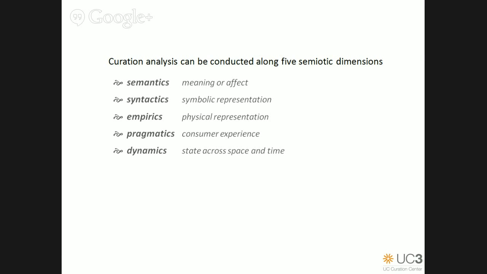Empirics, a relationship with content's physical representations. Pragmatics, the relationship between content and the consumer experience of that content. And finally, dynamics, which is the relationship between the various states of content as it persists or evolves across space and time.